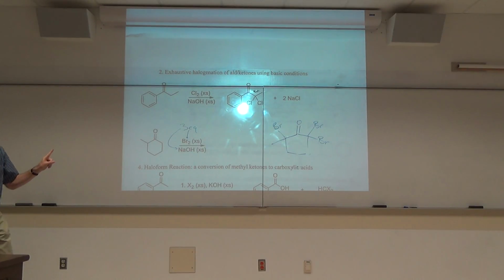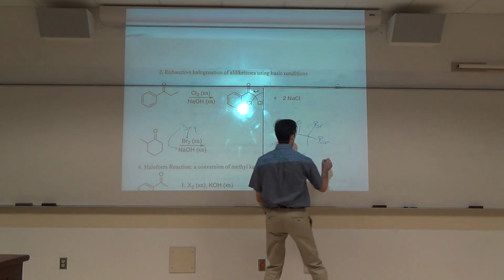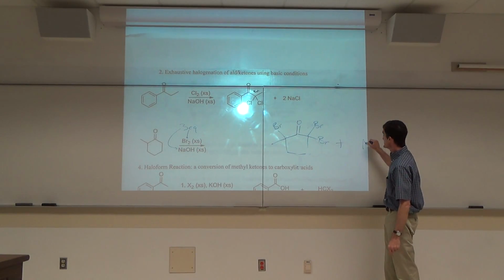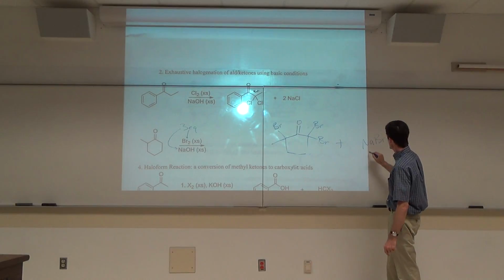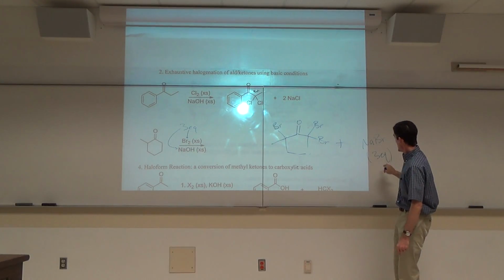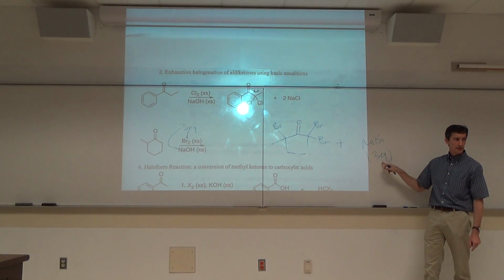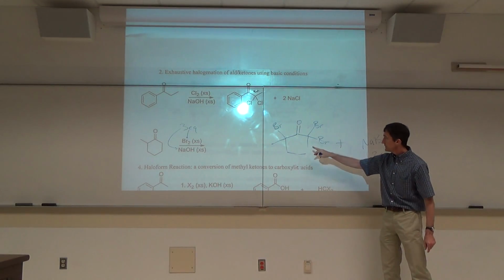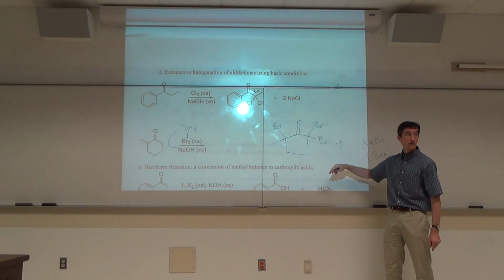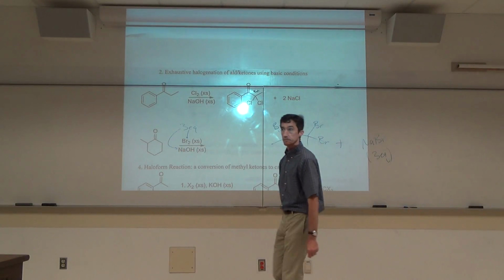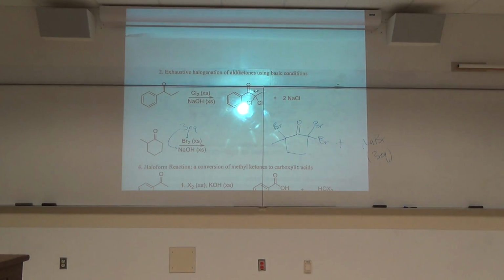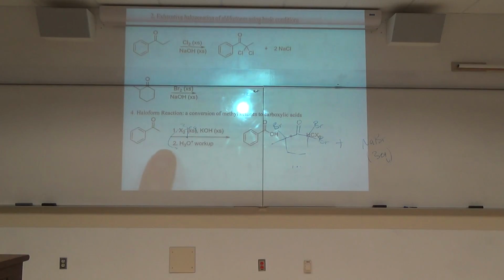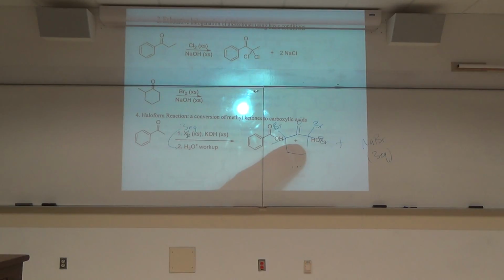Because at the end, we're going to have, what if we balance this out, sodium bromide. How many equivalents? And when we say equivalents, this is basically like balancing it. You need 3, 3, 3. You get 1 of these, 3 of these. Okay, haloform reaction. Questions about that one up there?